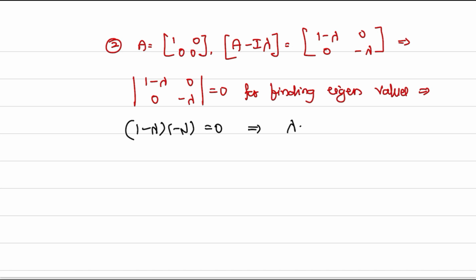That implies lambda is equal to 0 or 1. That means eigenvalues are 0 and 1, because two eigenvalues. It is a quadratic equation, (1 minus lambda) into (minus lambda) is equal to 0, and lambda value is either 0 or 1.